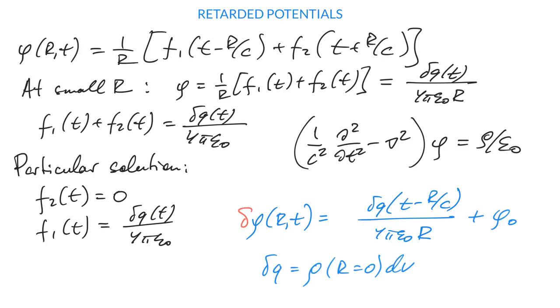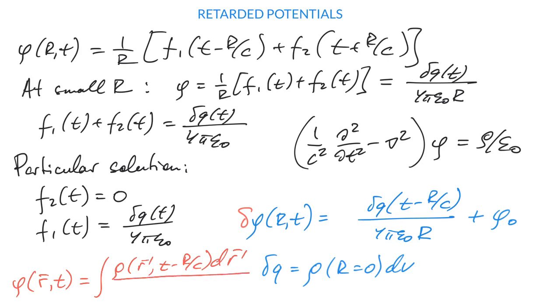The answer is clearly φ of r and t equals the integral of ρ of r prime, t minus r over c, dV prime over 4π ε0 r.